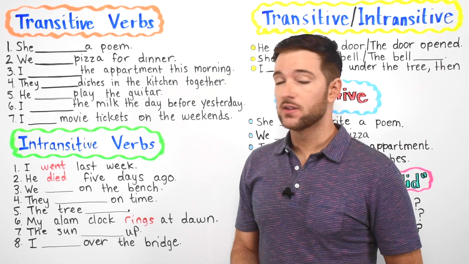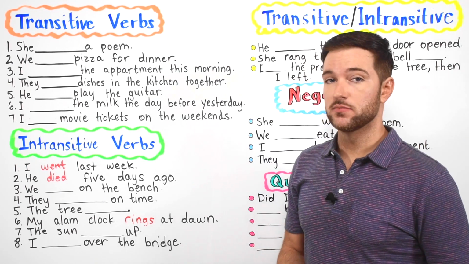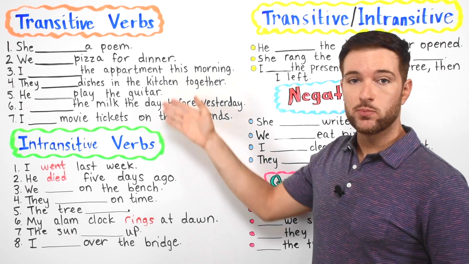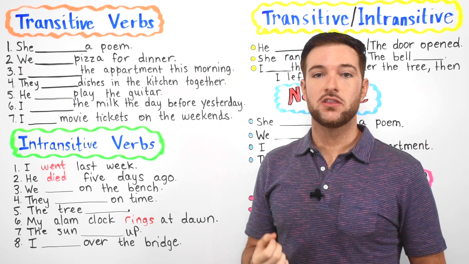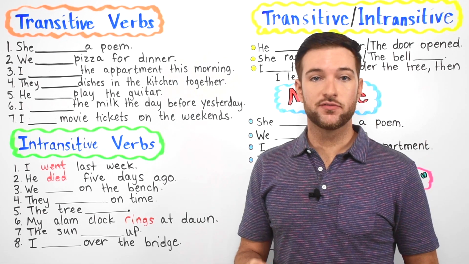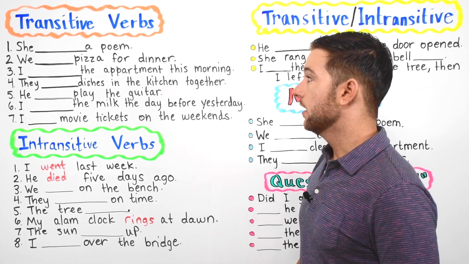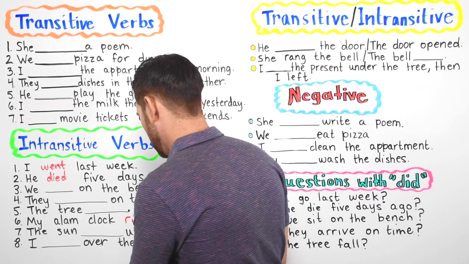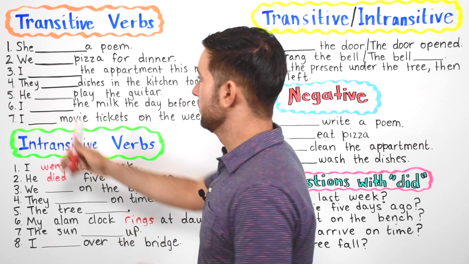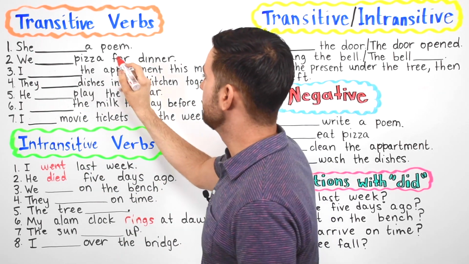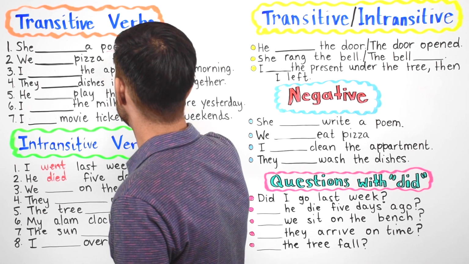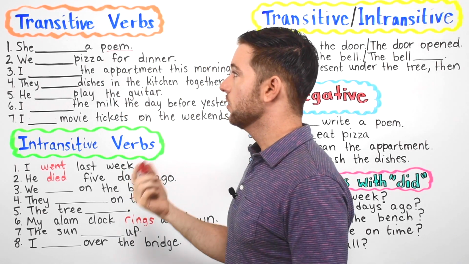Okay? So, first we have transitive verbs. In these examples here, you're going to see that each verb has an object. The object is having the action performed to it. For example, our first example says, she blank a poem. So, a poem is the object. What did she do?